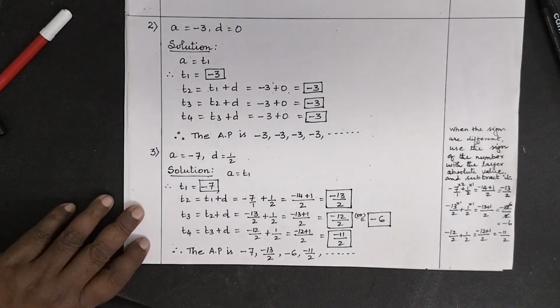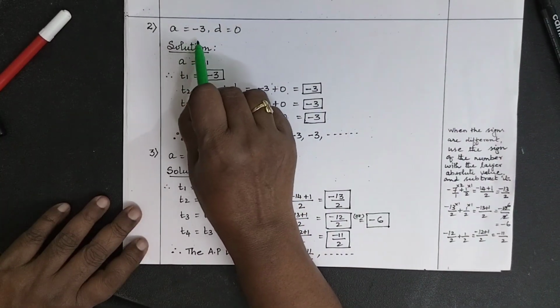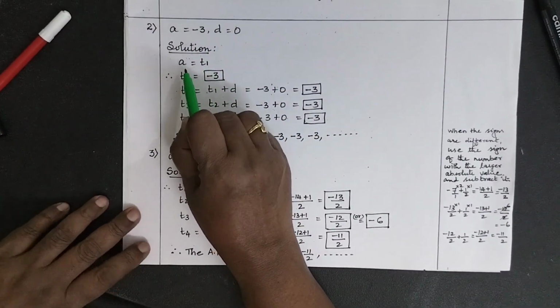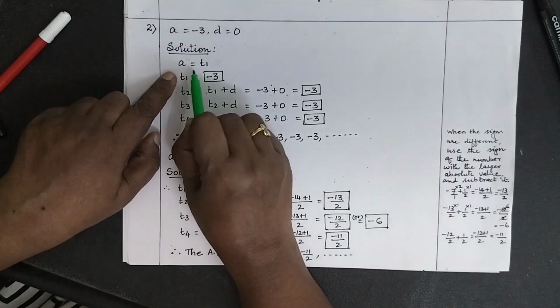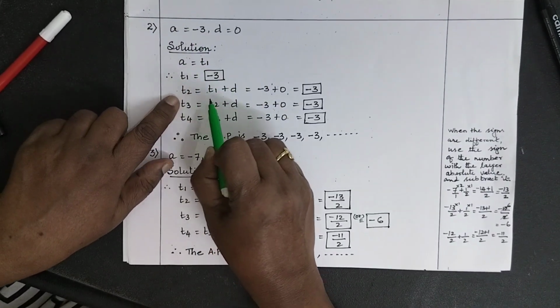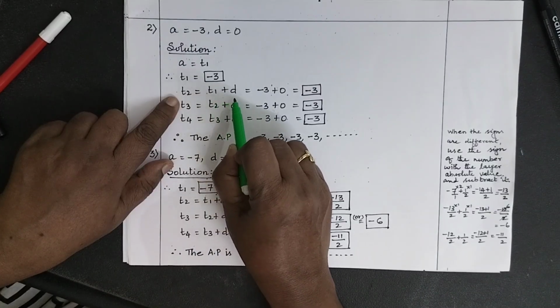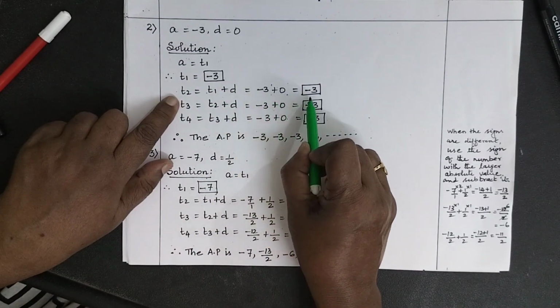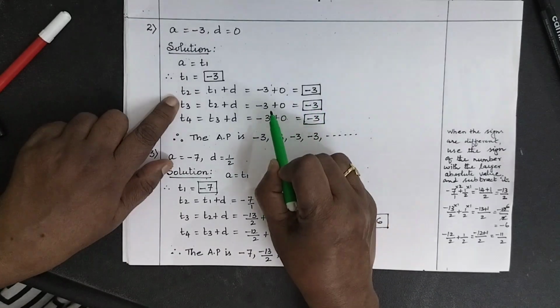Second question, A is equal to minus 3, D is 0. A is what? T1, first term. So T1 is what? Minus 3. T2 is what? First term plus common difference. So minus 3 plus 0, which is equal to minus 3.